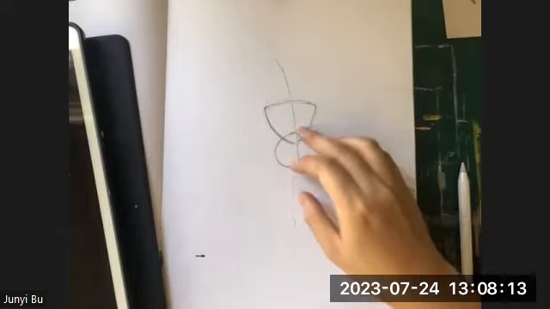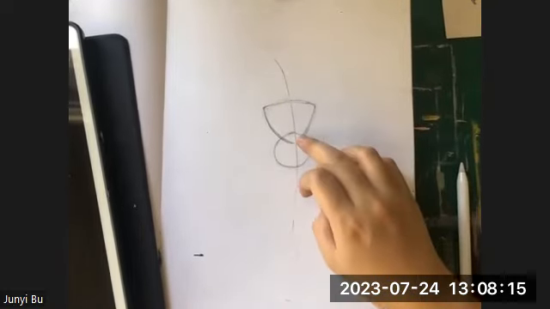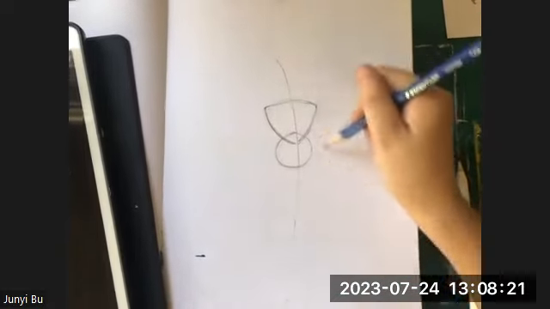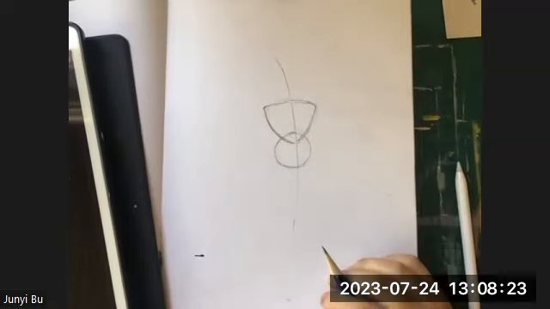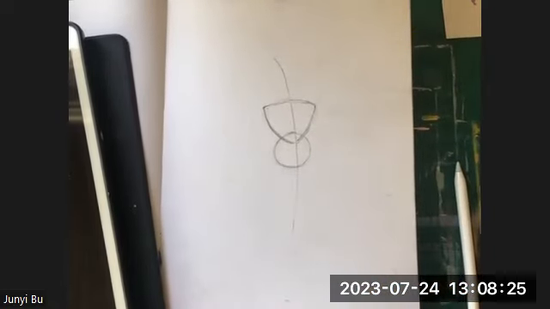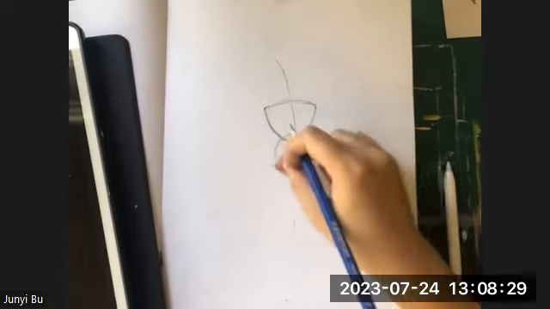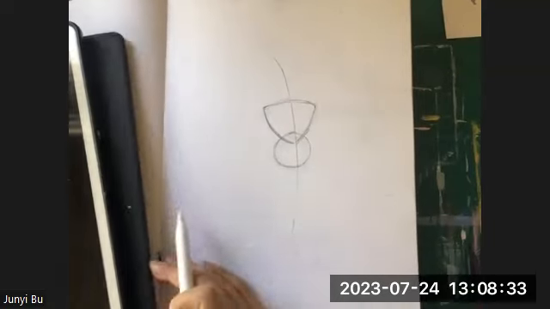This part is determined by how big your person is. If you have a larger person, then you would make this part bigger. If you have a smaller one, then you would make this part smaller. So this is the waist that you're making.